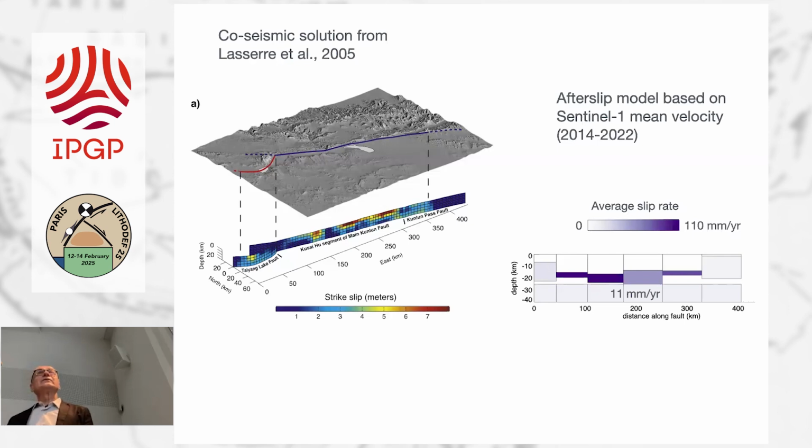And it is pretty amazing to observe such a fast rate so long after the earthquake. The Sentinel data started in 2014, which is already 13 years after the event. So we have very, very fast afterslip at depth. Whether this contributes to slowing down the Altyn Tagh is the question I'd like to answer in the coming year.